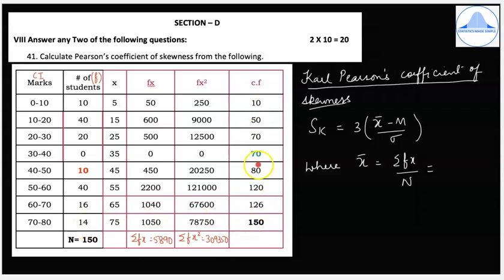Always the last less than CF will match with capital N. Now let's go back to our calculation. So summation fx is 5890 divided by 150. Therefore you will get x bar as 39.27.